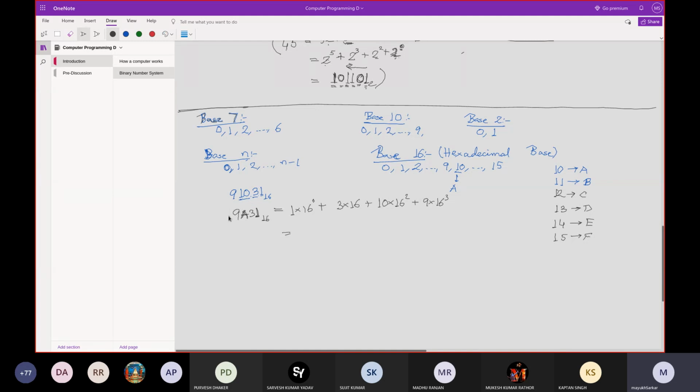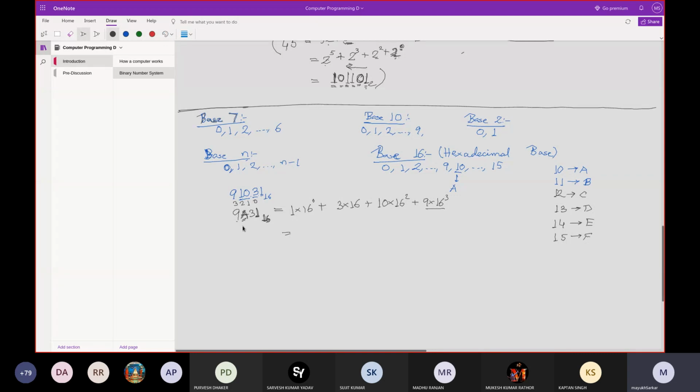Suppose you have been given this number 9A31 in base 16, in hexadecimal base. Now, just like you have done in binary, consider these are the corresponding positions. So 9, what is the base now? 9 into 16 cube.